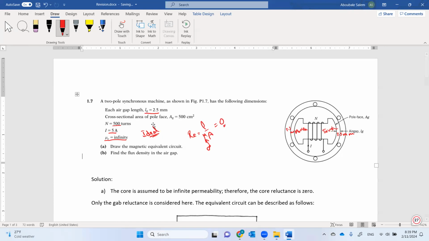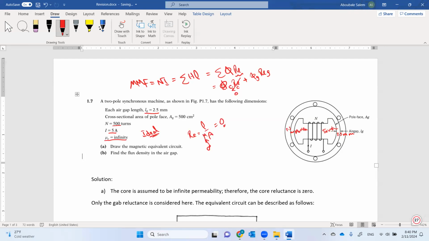So you know the relation of MMF equals N times I equals summation H times L equals summation phi times reluctance. So this means now summation of phi core reluctance core plus phi gap reluctance gap. So reluctance core equals 0.